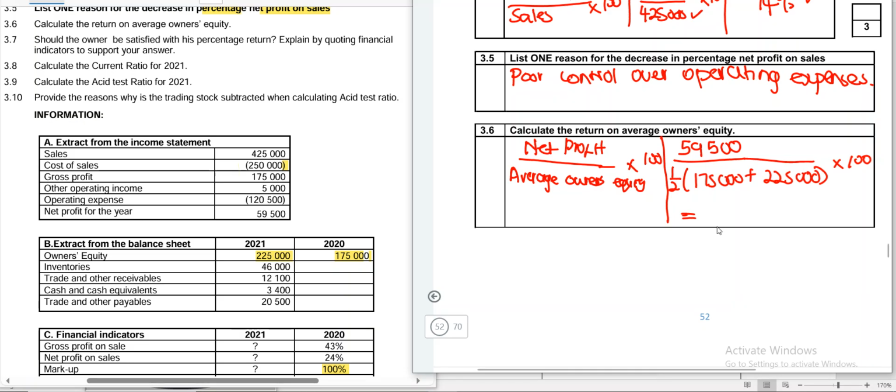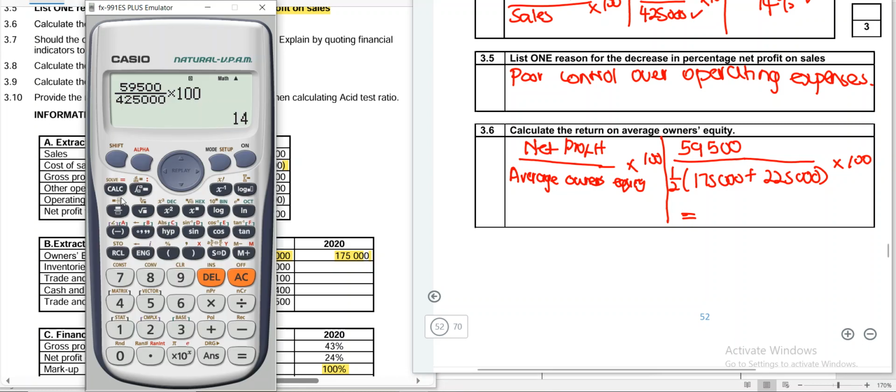Now, if you struggle with this part, you can just take your 175,000 plus 225,000, and divide this by 2, and it will give you 200,000. So instead of this, you would have 200,000 as your average, just that I don't have space here.